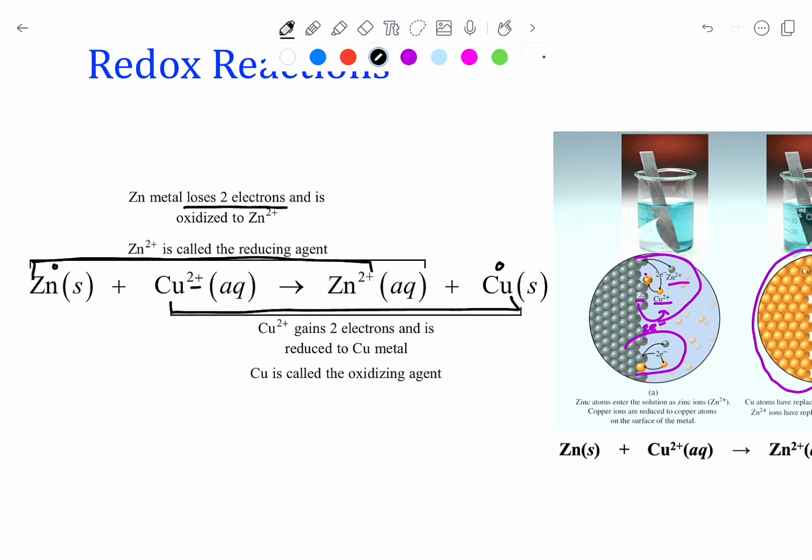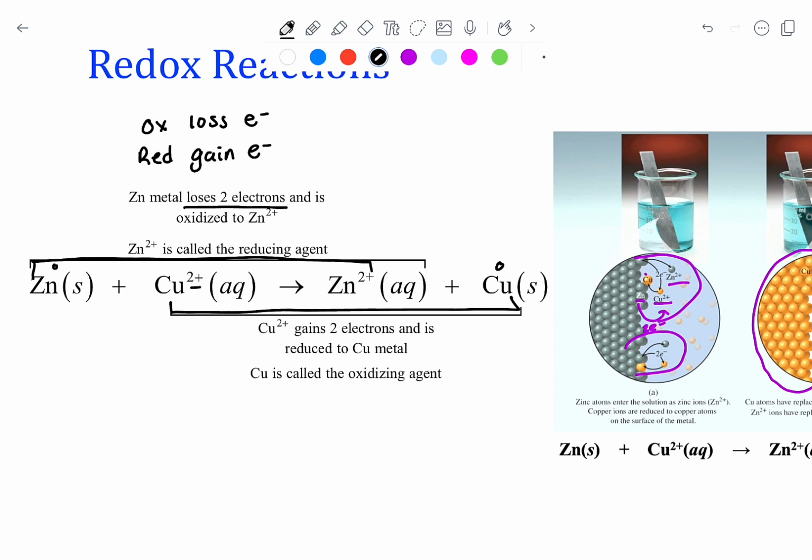Okay, so we see copper ions that were in solution becoming solid, and we see zinc solid turning into zinc ions in solution. So what's happening here is we are exchanging electrons. Oxidation is the loss of electrons, and reduction is the gain of electrons.